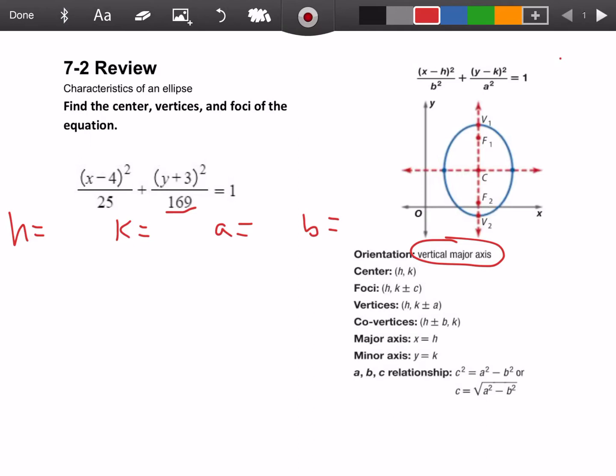So our h, and remember it's always opposite in the parentheses, would be 4, our k would be -3, our a would be the square root of 169, which is 13, and our b would be the square root of 25, which would be 5.